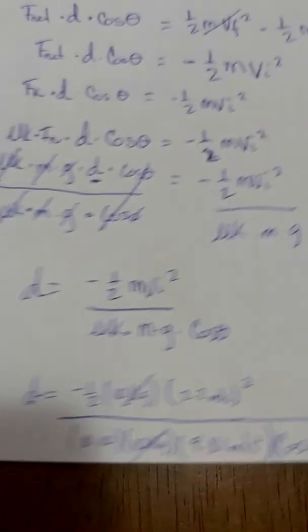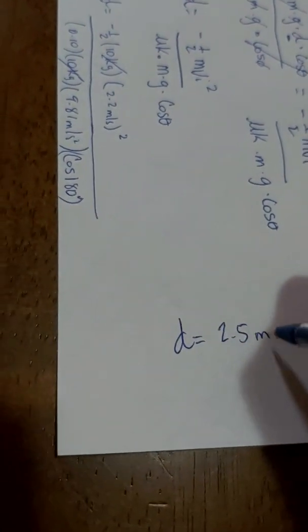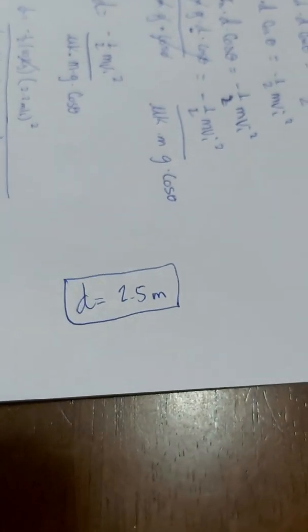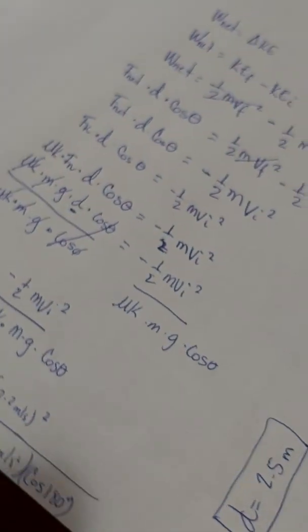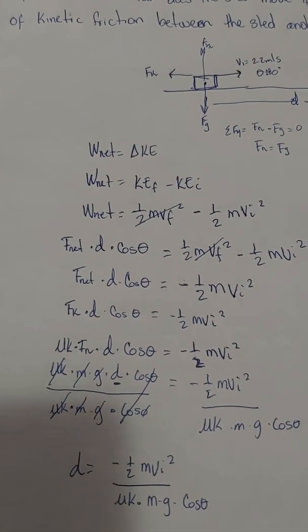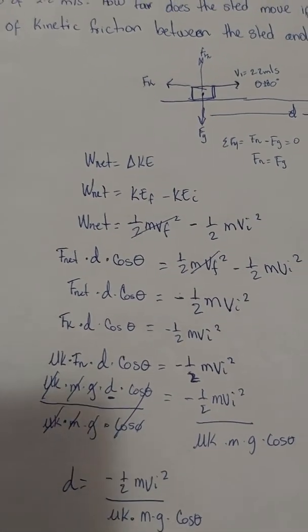So using our calculators, we get that D equals 2.5 meters. So this is what we're going to be doing in sample C.